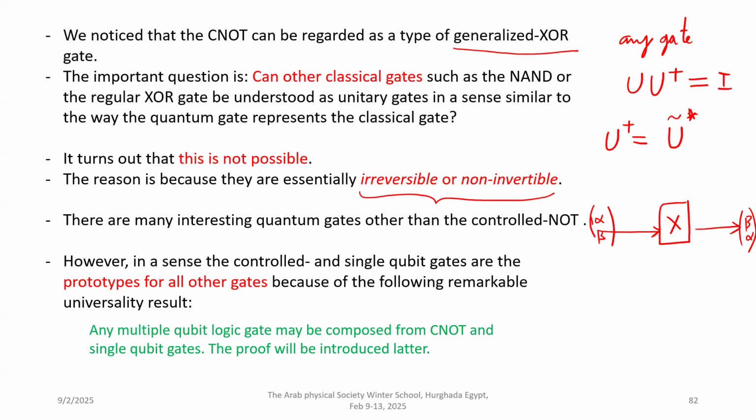So you have to have this possibility open for you. So basically, I should be able to go back. If I start with this guy, I should be able to make an X dagger and go back to alpha beta. So reversibility is very important. So the other classical gates do not satisfy that reversibility. Okay.